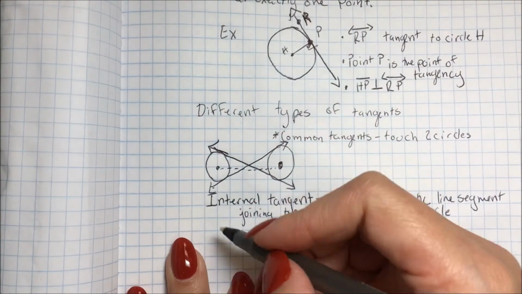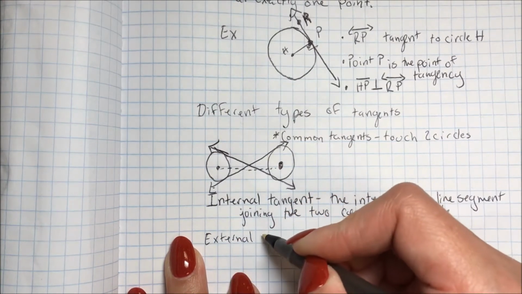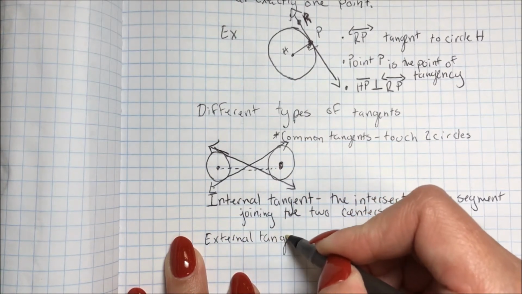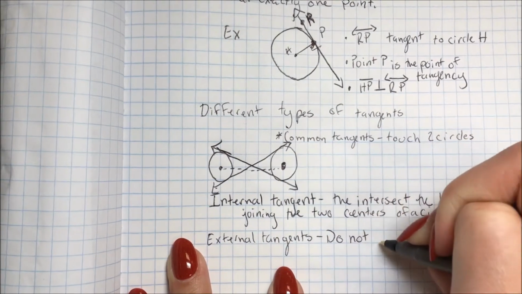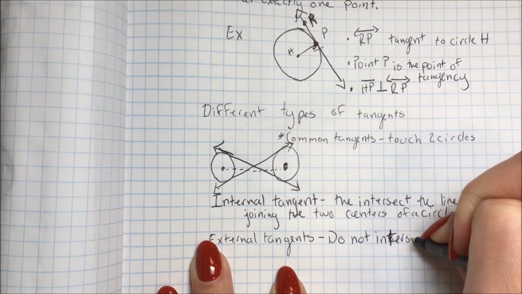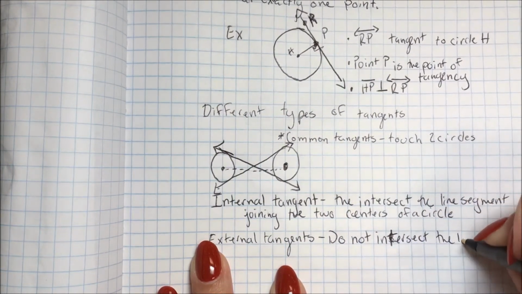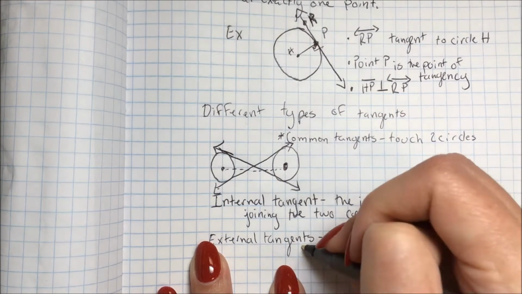Okay? External tangents do not intersect the line between the centers.